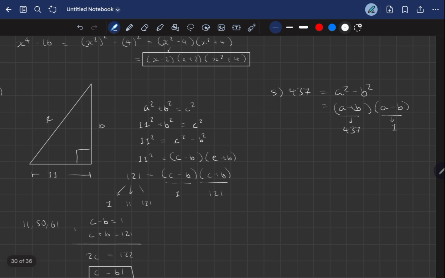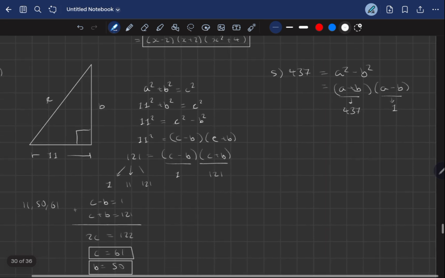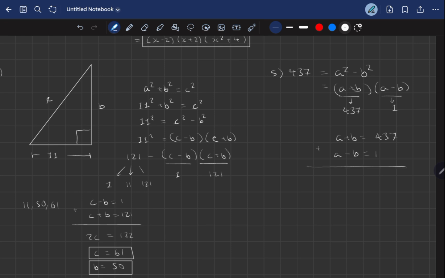But you must be wondering, why does the number have to be odd? Let me explain why. If I add them up, the b and minus b cancel out. So 2a is equal to 437 plus 1, which is 438.